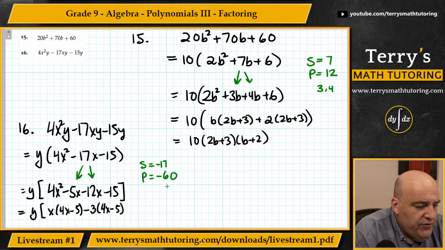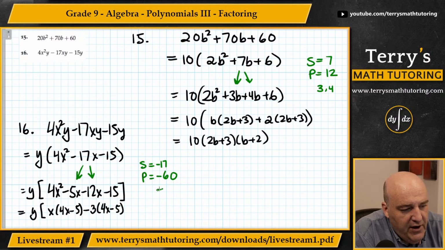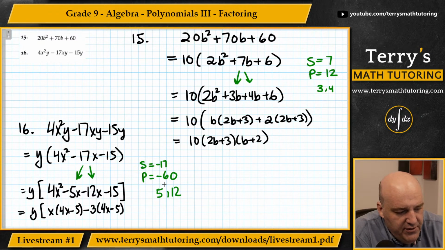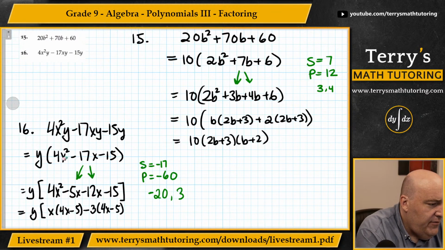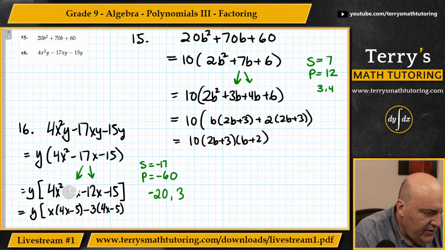We want to use not 5 and 12. 5 times 12 is 60 and 5 plus 12 is 17, but we got to think about these negatives here. So it's actually 20 and 3, and the negative is on the 20. So that's why things were not working out there. So let's go and fix this. No big deal.